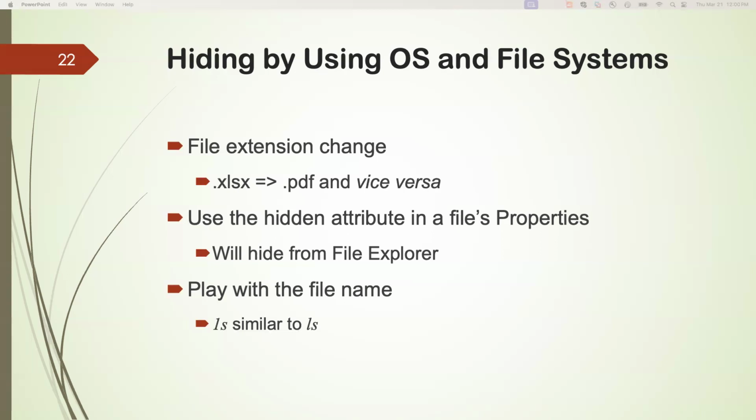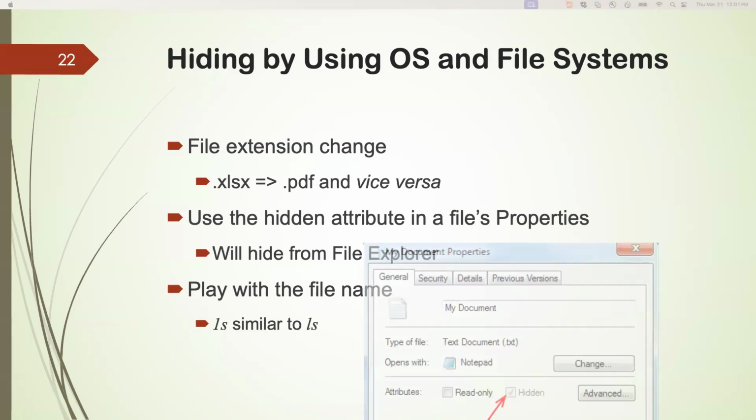For example, if you have a file called file.txt and another file with the name of fi1e.txt, if you are not paying attention, that 1 and L might look the same, and there is a chance that the forensic investigator or anybody who's inspecting the system might skip those files.